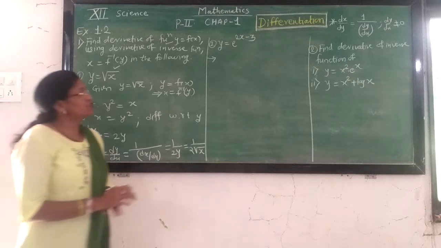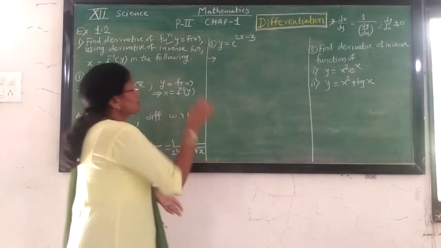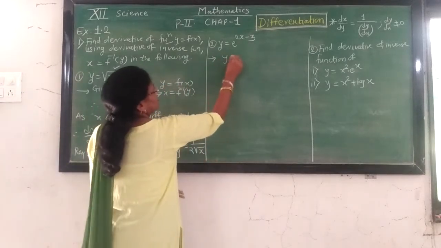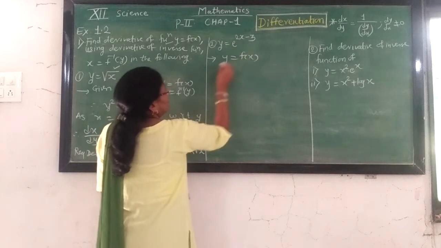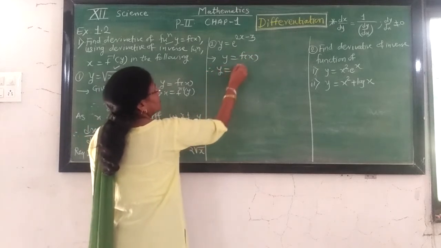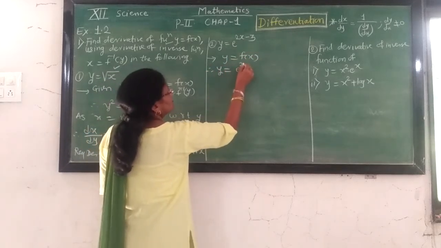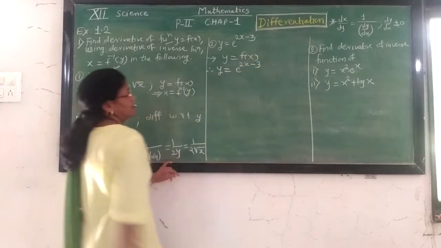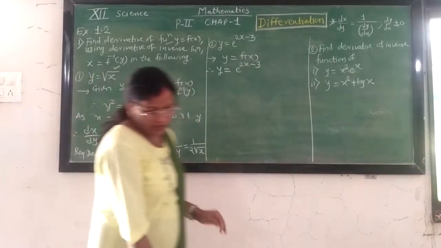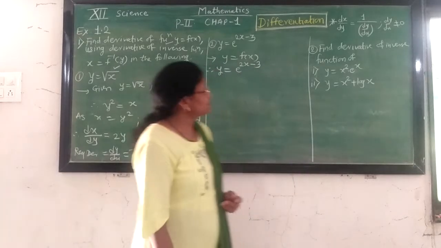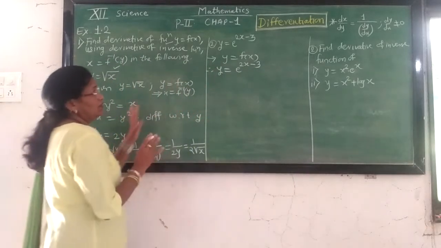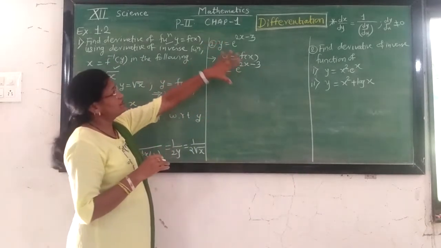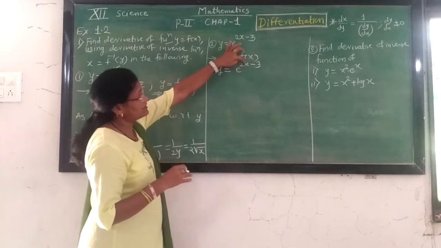y is equal to e raised to 2x minus 3. So for this case we take y is equal to f(x). The function f(x) is given to you: y is equal to e raised to 2x minus 3. Now our work here is to make x free.